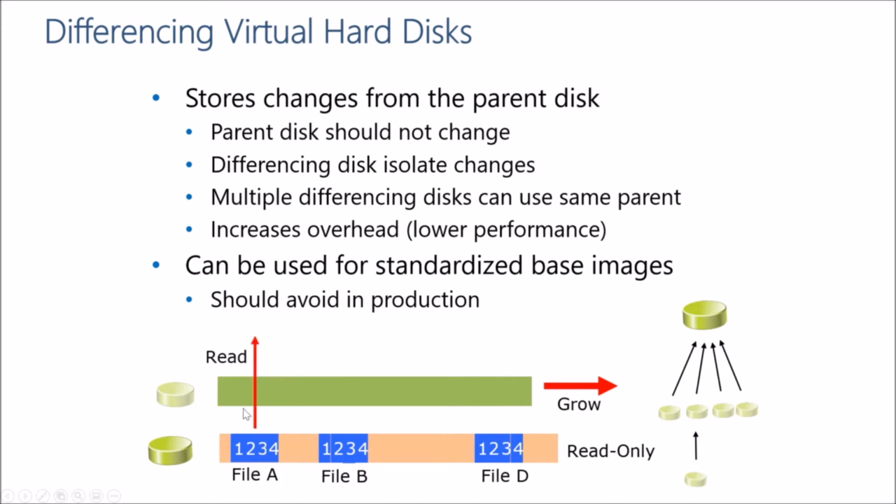And if we need something that was on the original disk, we read it through the differencing disk. What we modify is not the original parent disk, we're modifying the differencing disk.